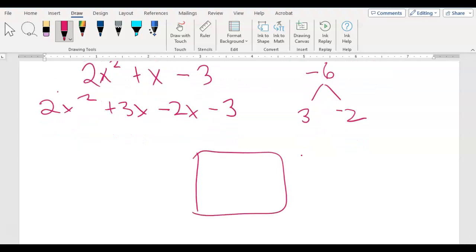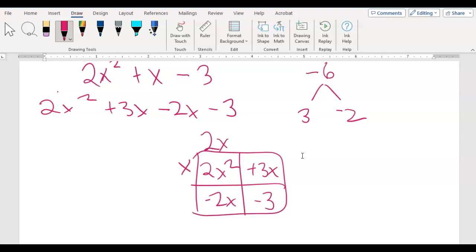And then I can put it in the box and do the inverse. Here we'll take out 2x, x plus 3, and then this will be minus 1 here. So we would have 2x plus 3 and x minus 1 equals 0.